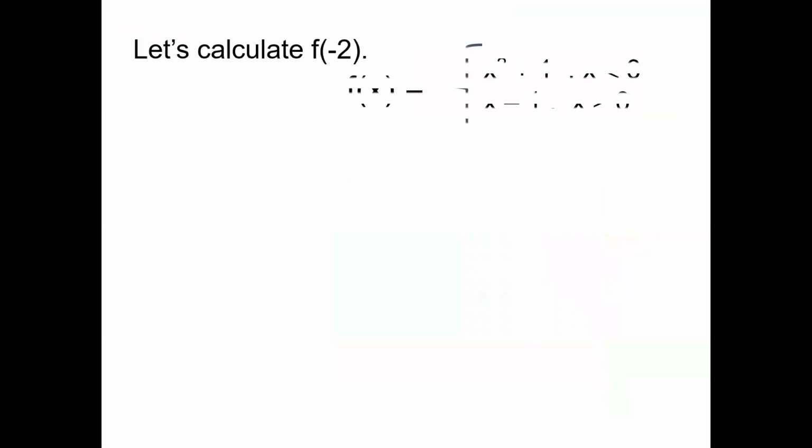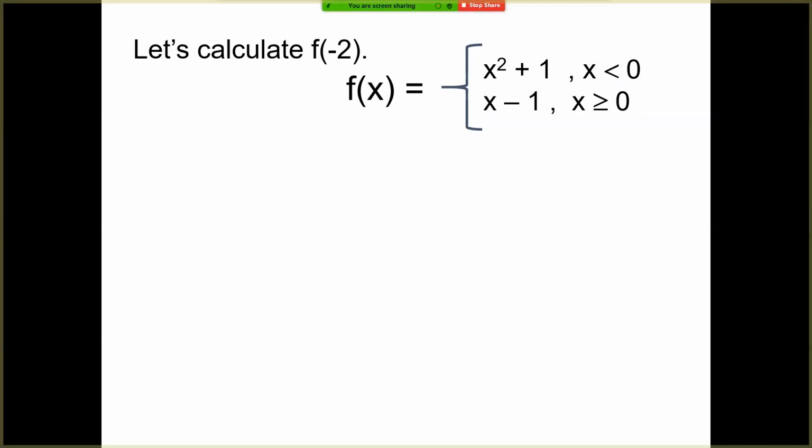We're going to do a little bit more practicing on finding y values. In this case, we're being asked to calculate f of -2. We have to decide which portion this falls underneath. So if I'm asked to find f of -2, I have to figure out which one of these two constraints -2 falls underneath.